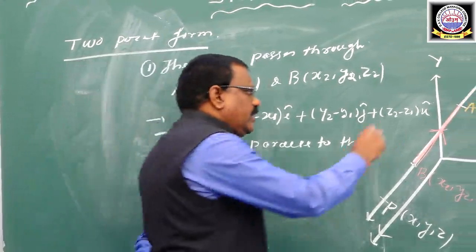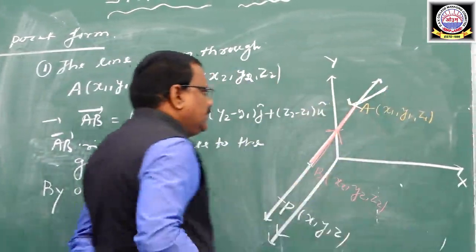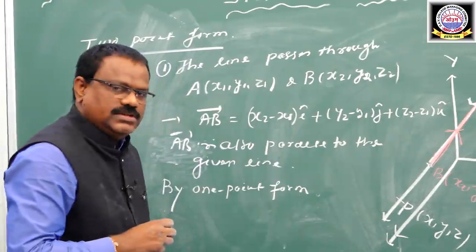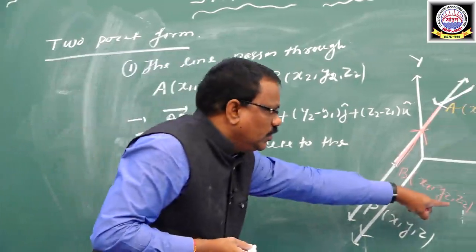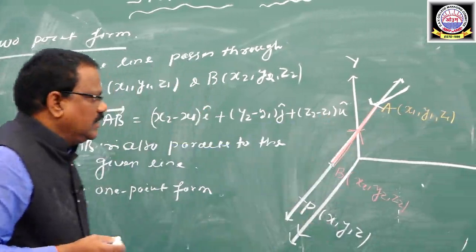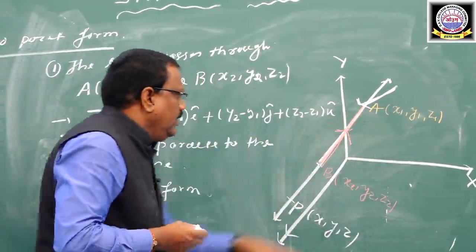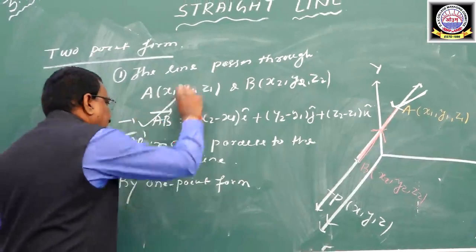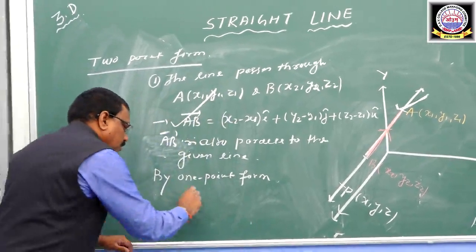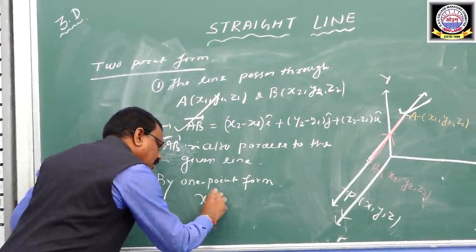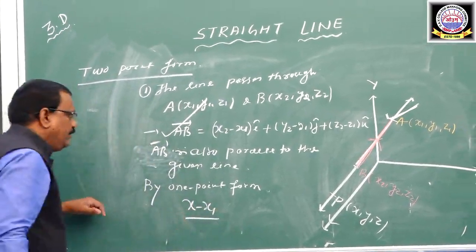Suppose I am choosing this point A, x1, y1, z1. You can also choose x2, y2, z2, no issue. I am choosing x1, y1, z1, meaning passing through the point x1, y1, z1 and parallel to the vector AB. So the equation will be x minus x1 by alpha.